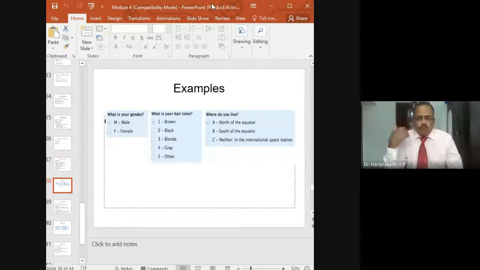The name of a place, a geographic location, whether it is a country name or a state name, India, Japan, it is just a name, like an individual's name. So those are nominal scales.